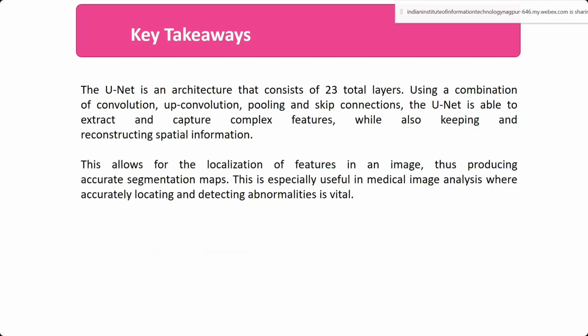This allows for the localization of features in an image and thus producing accurate segmentation maps. Basically, the main purpose of this U-Net architecture was the creation of segmentation maps. This is especially useful in medical images. The first paper developed for U-Net was based on medical image analysis for segmentation, accurately locating and detecting abnormality from the image.